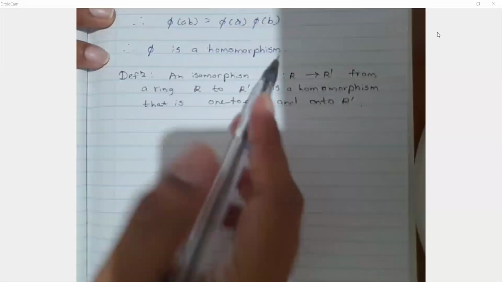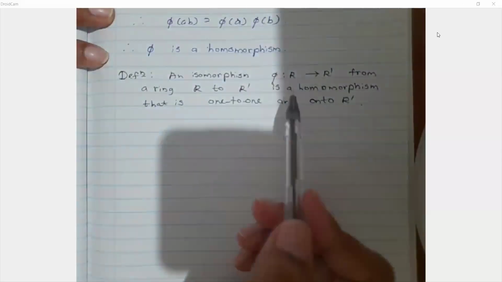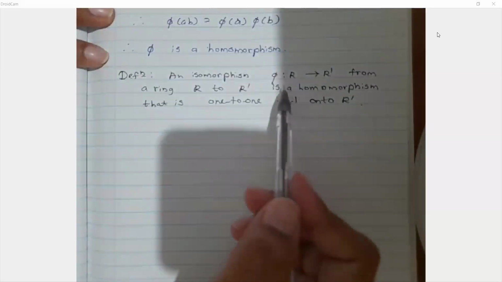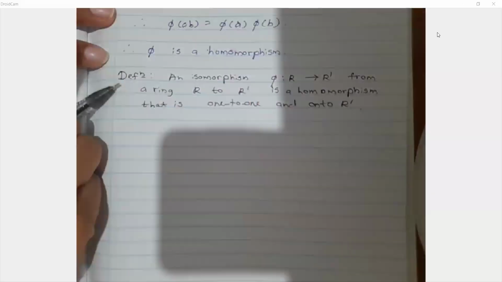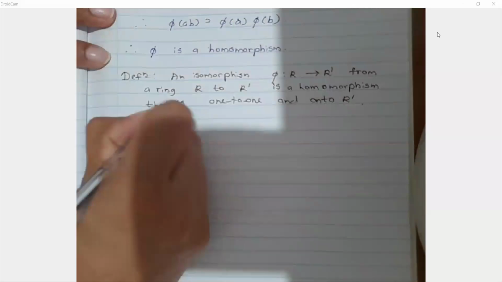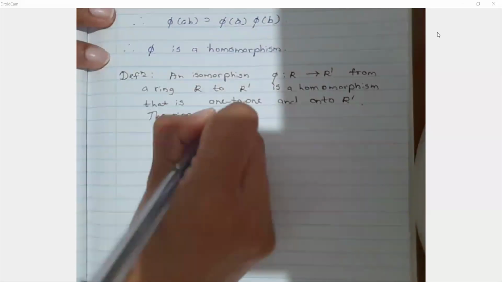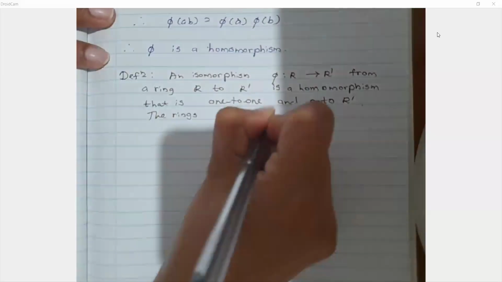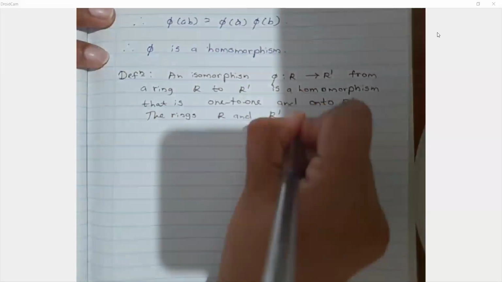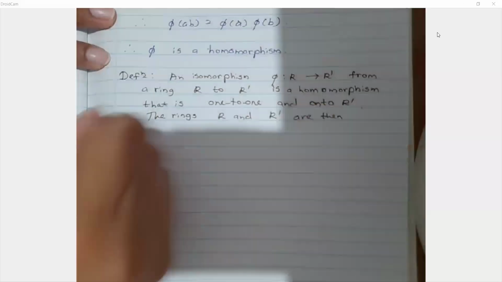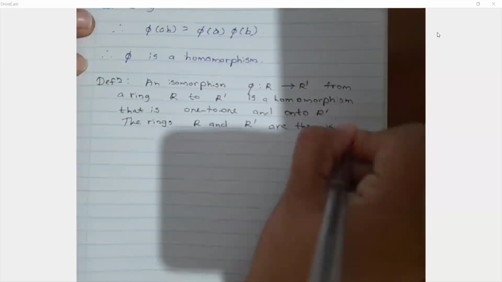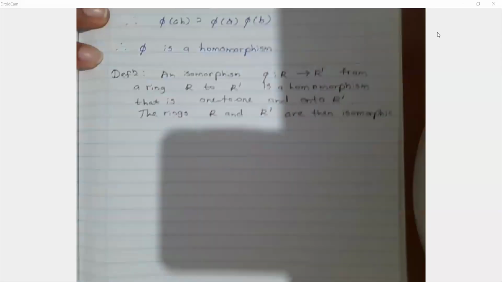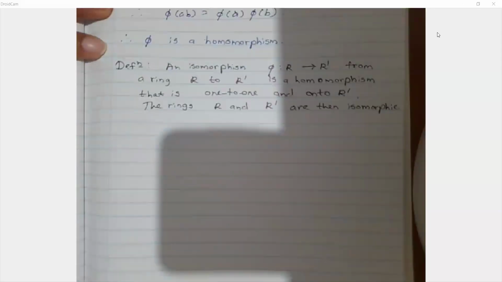If such an isomorphism exists, if such a bijective homomorphism between R and R prime exists, we say that the rings R and R prime are then isomorphic. We say that these two are isomorphic.